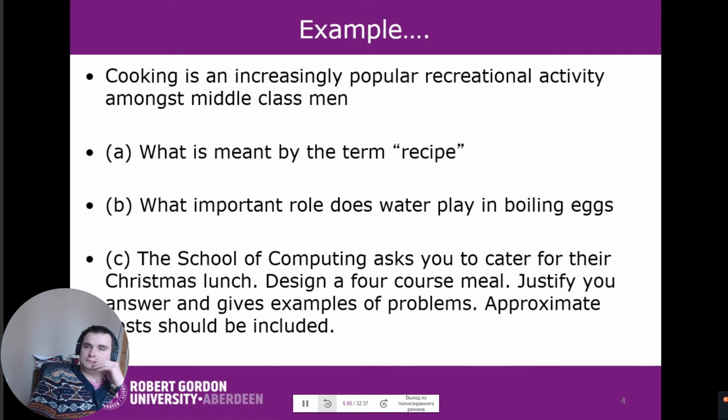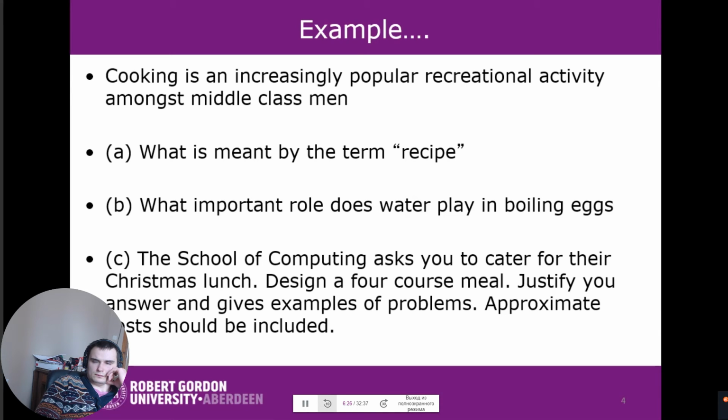The stem here goes like this: Cooking is an increasingly popular recreational activity amongst middle-class men. A, what is meant by the term recipe? That's bookwork for 5 marks. And then B, what important role does water play in boiling eggs?